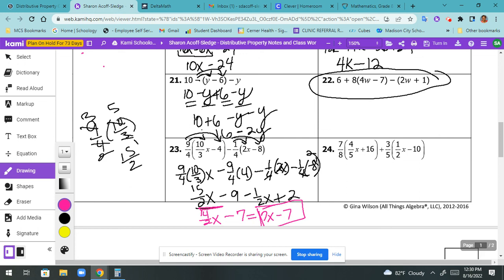I ended up with 7x minus 7. If you didn't get that, try it again. And this looks like a bell ringer too. All right, I'm going to close out this video.